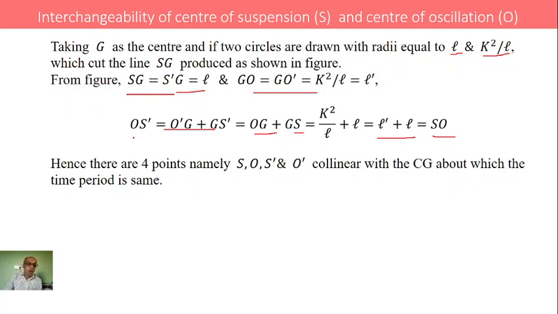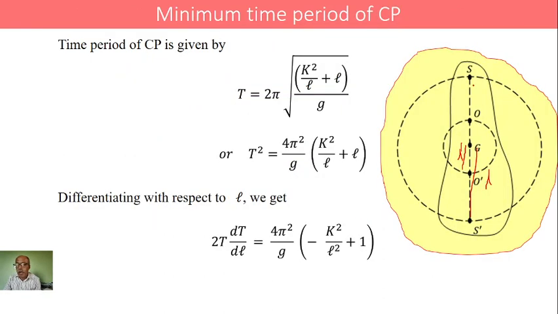Hence OS dash is equal to OS. Hence there are 4 points, namely S, S dash, O, O dash, which are collinear with the center of gravity, about which the periods remain the same. At S, O, O dash and S dash, the periods of this compound pendulum will remain the same, right?